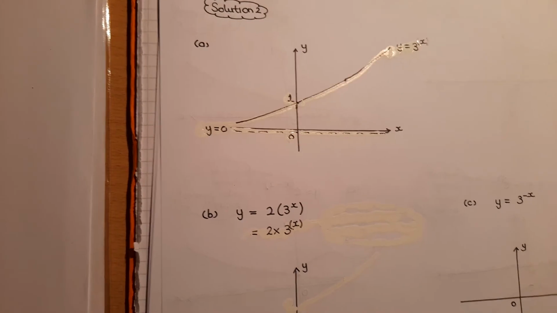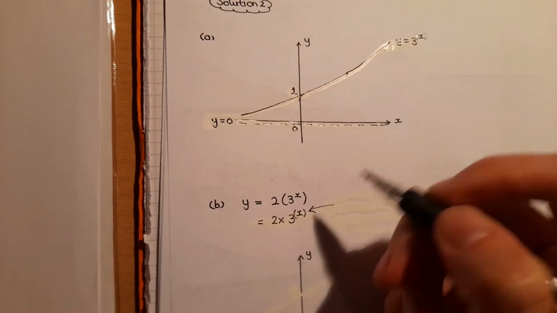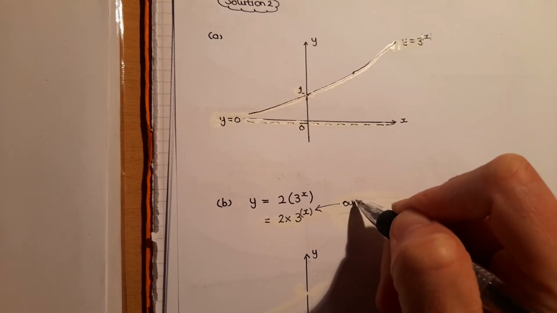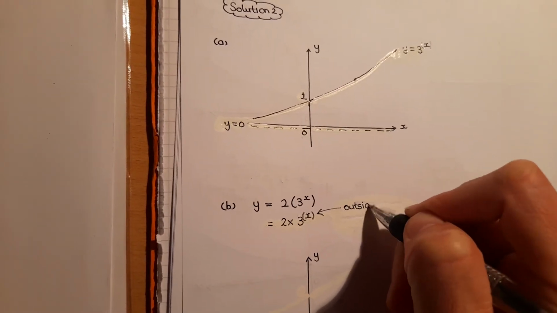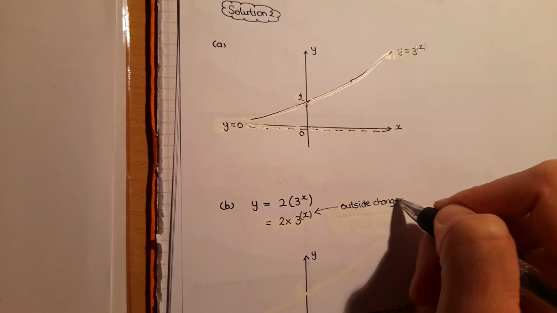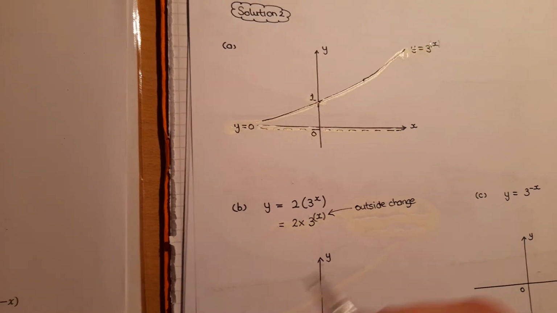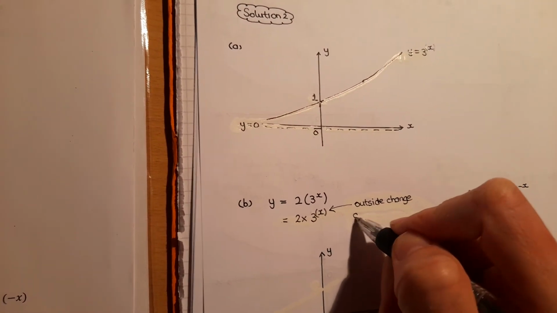So you can clearly see that it's not an inside change, it's an outside change. And it's an outside multiplying change, which means the y coordinates are being multiplied by 2. So in the original graph, all the y coordinates are multiplied by 2.